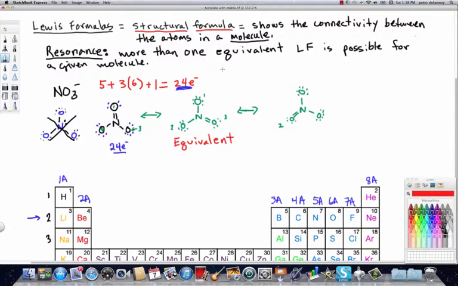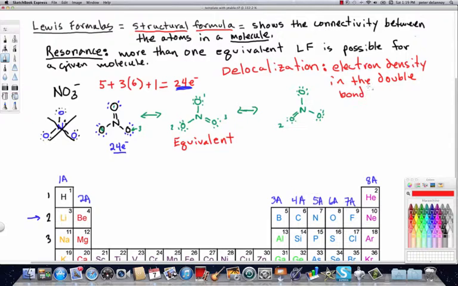So there is a concept called delocalization. What this means is that electron density in the double bond is dispersed over the surface area of the molecule.